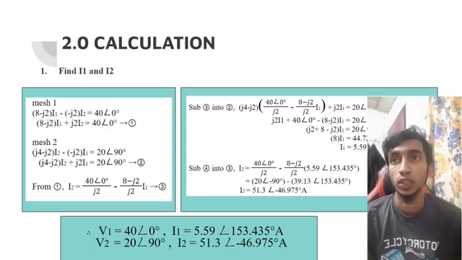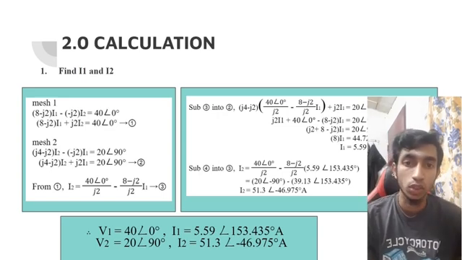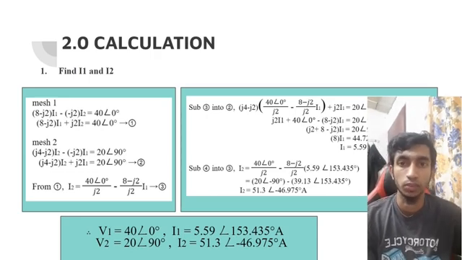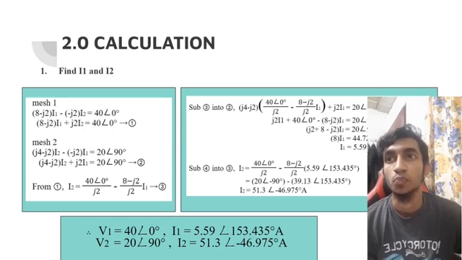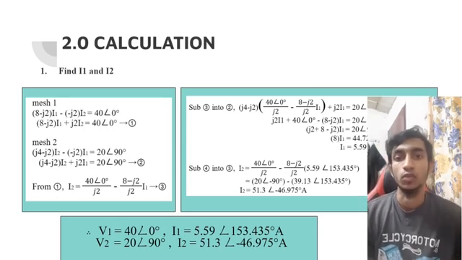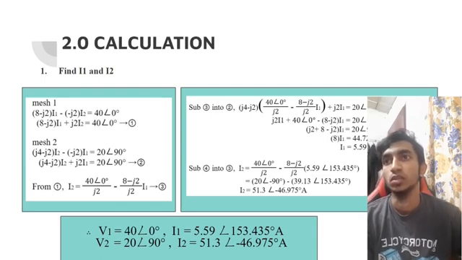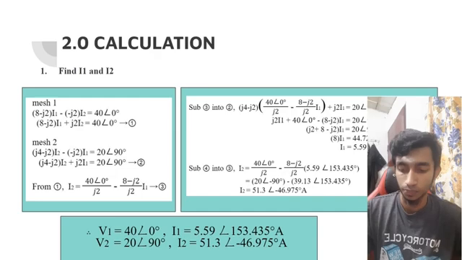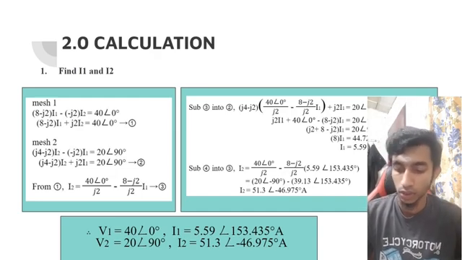Firstly, mesh 1. We all know Ohm's law, which is V equals IR, voltage equals current times resistance. So we will apply that Ohm's law in this mesh 1. For the first I1, there is a resistor and a capacitor.